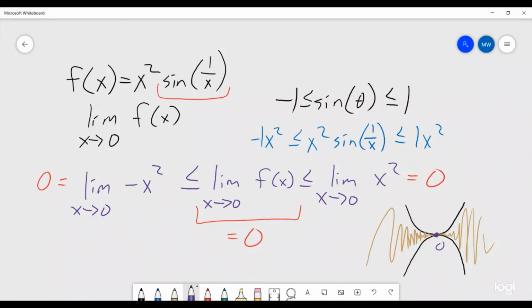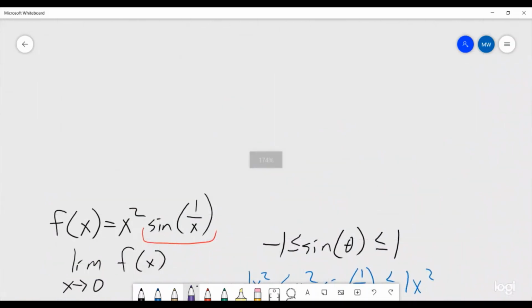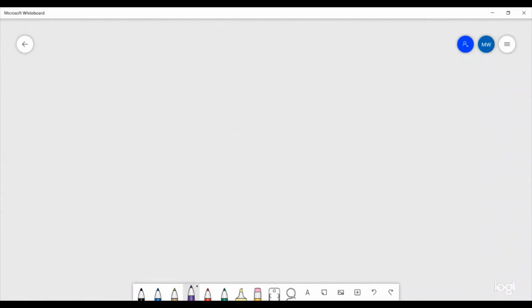Let's see, what else should we talk about? We can talk about how you can use the product rule and quotient rule just from looking at a graph. So let's say that we have this sort of situation. So 1, 2, 3, 4, 5. 1, 2, 3, 4, 5.